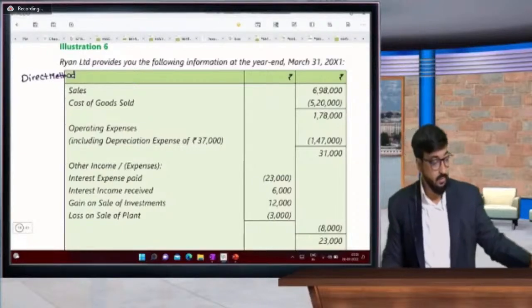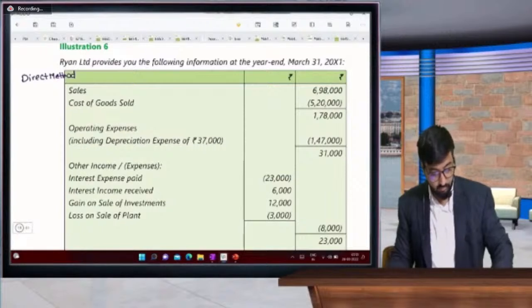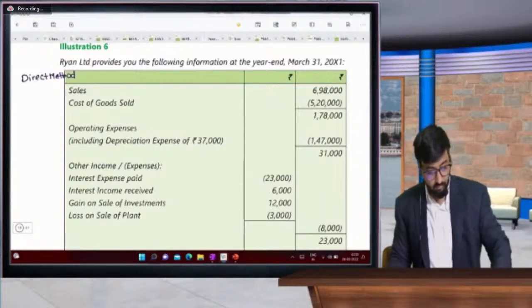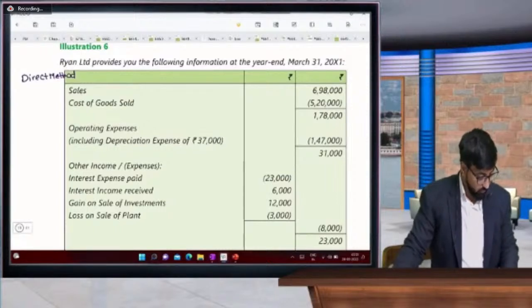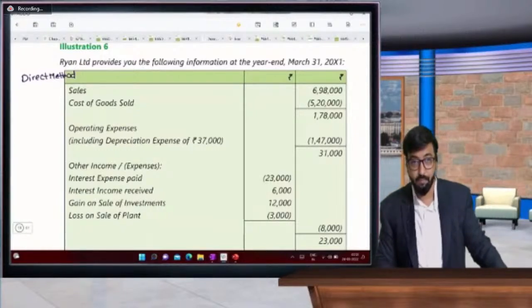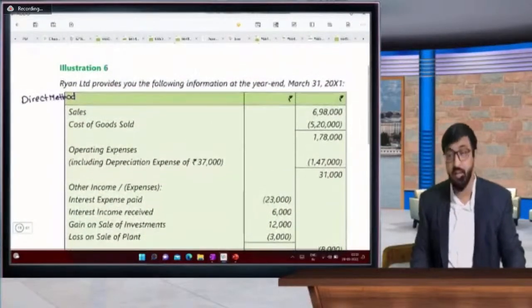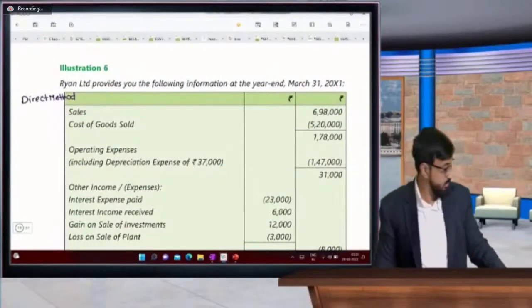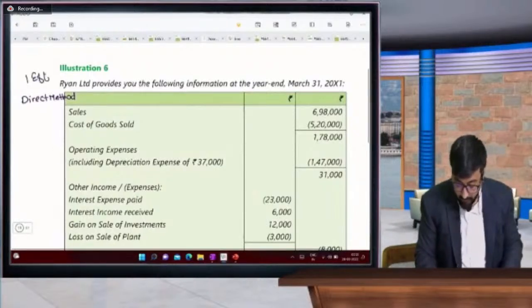Direct method. Sales. See, in case of direct method, it is only one effect.